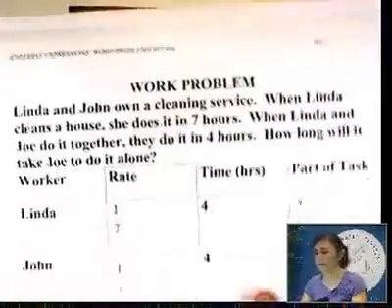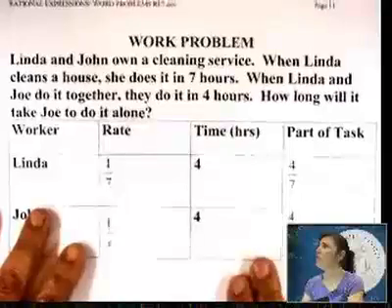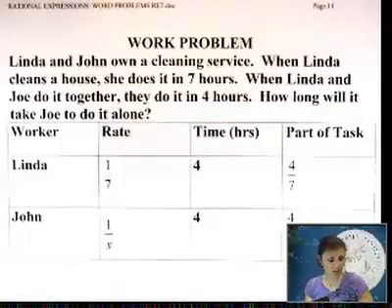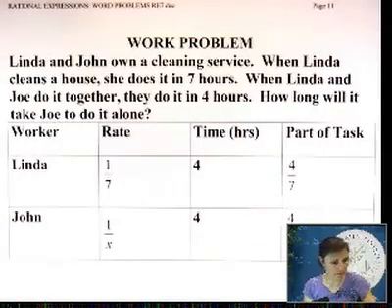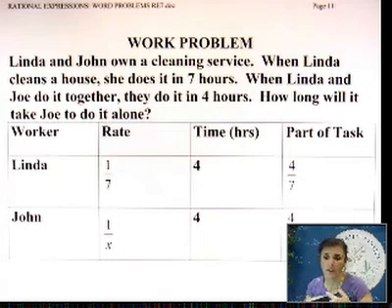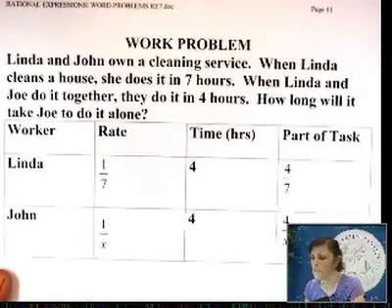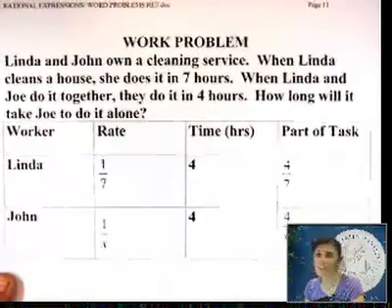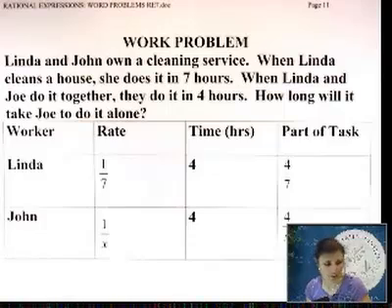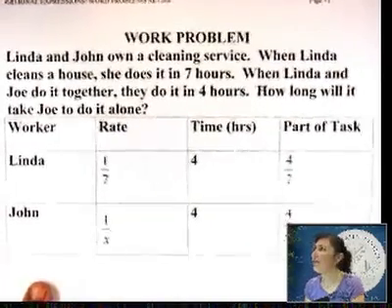Another type of problem that involves rational equations is the work problems, and this is very typical. In work problems, you usually have 2 people working, doing the job alone at a certain speed, and when they're together, they get it done a little faster. So understand how to fill out the table.